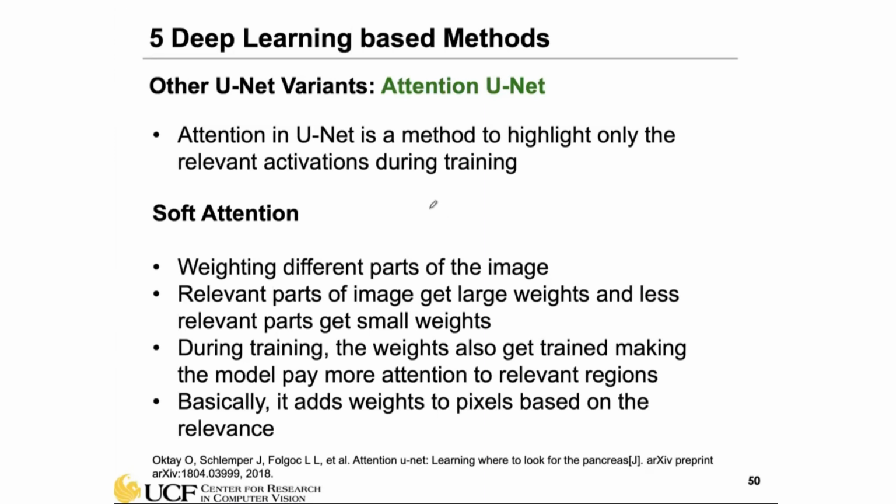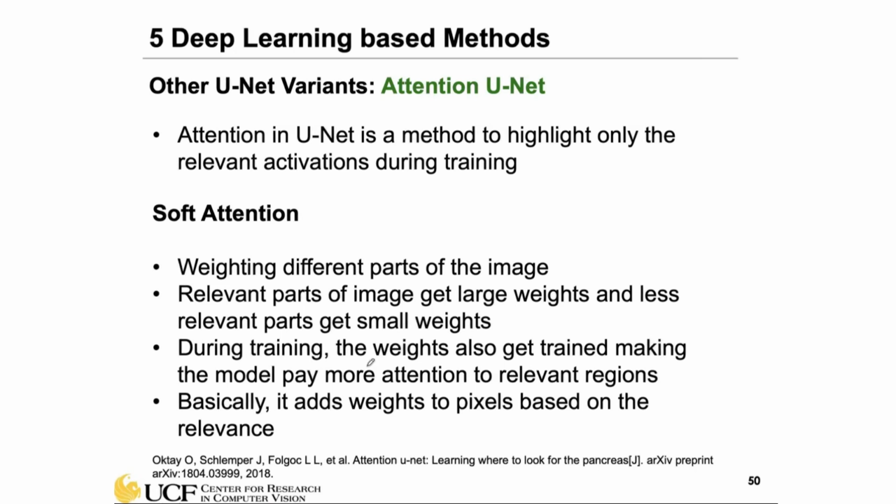We can use the attention mechanism to weigh different parts of the input or feature map, so we only pay attention to those that are relevant or important. With this soft attention mechanism, we can weigh different parts of the image: the relevant parts get large weights, and less relevant parts get smaller weights. This intuitively makes sense. We want to pay attention to the important or relevant parts.